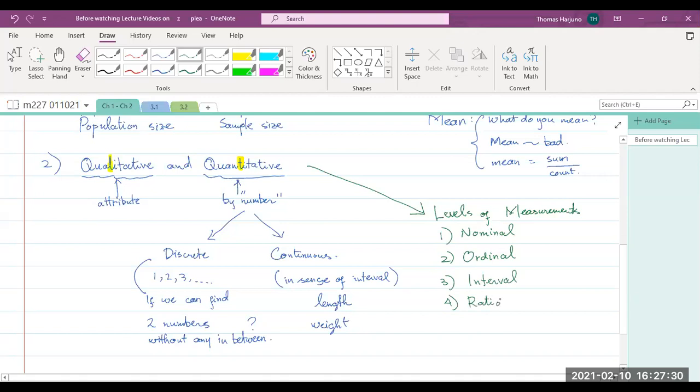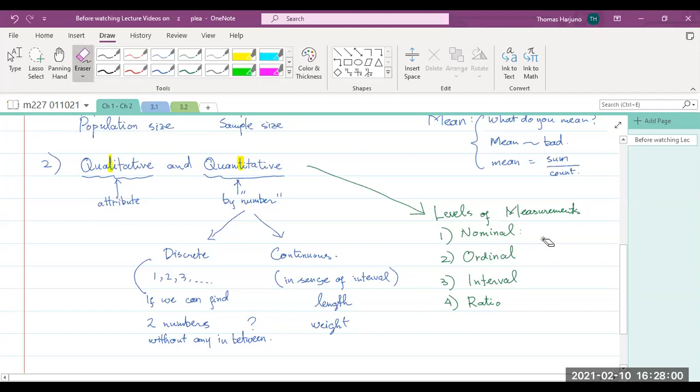Now let me explain a little bit what these levels of measurement are. Nominal measurement is basically just a characteristic or attribute. Basically, that's qualitative. For example, which country do you come from?